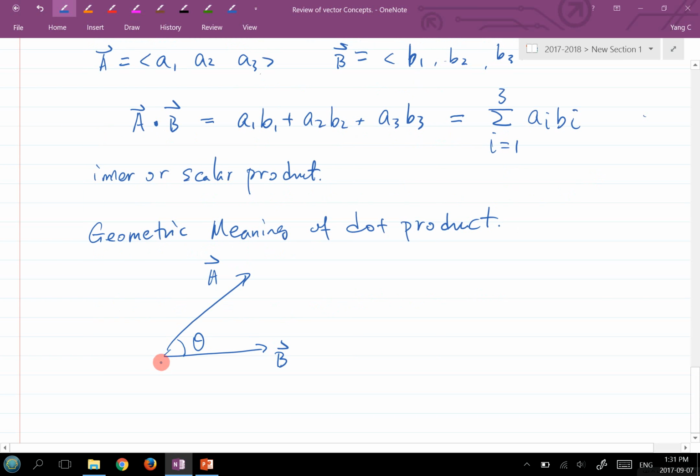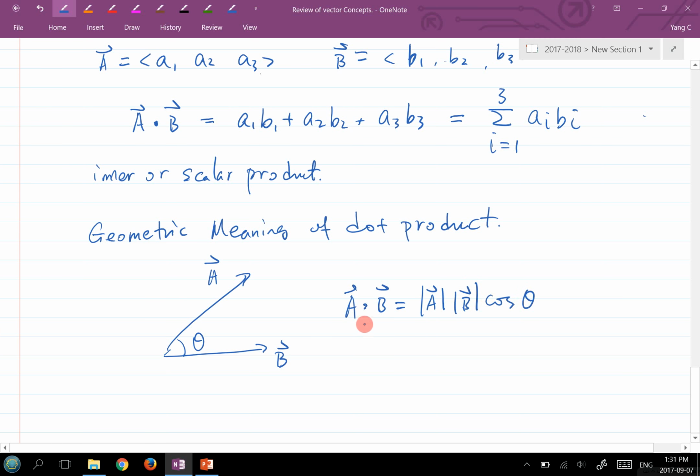Vectors are free, so you can put them together. Then we can relate the vectors and the angle theta together. This is the geometrical formula: A dot B equals the product of their lengths times cosine theta.